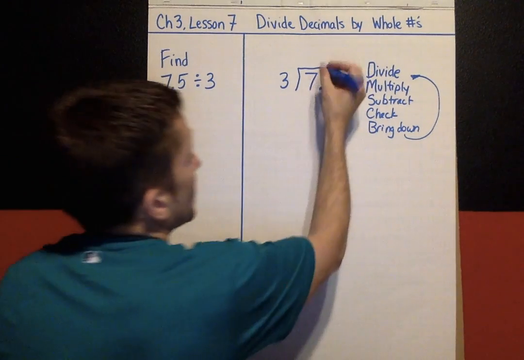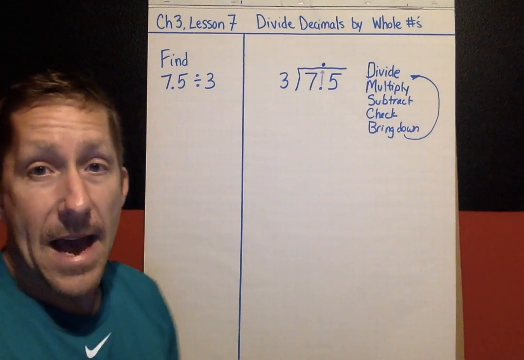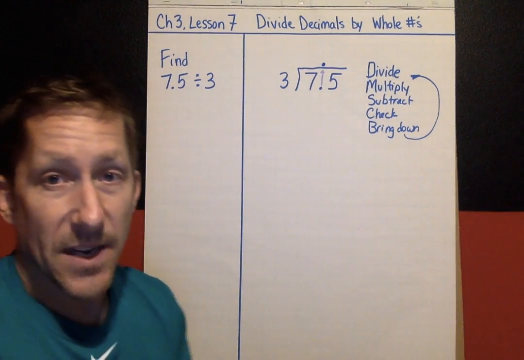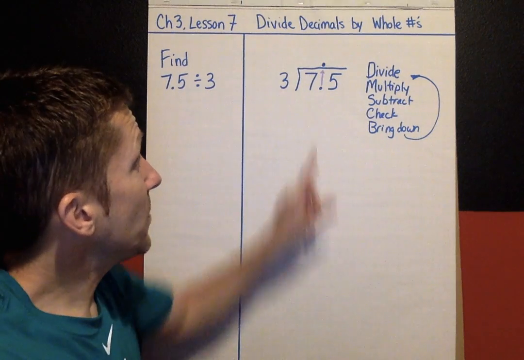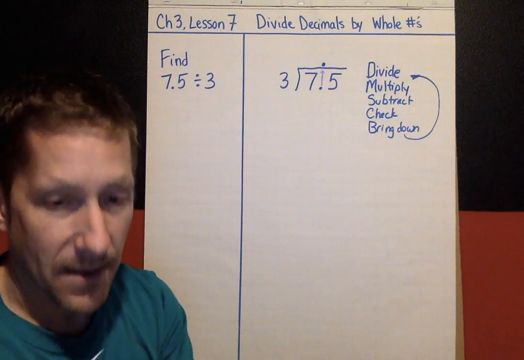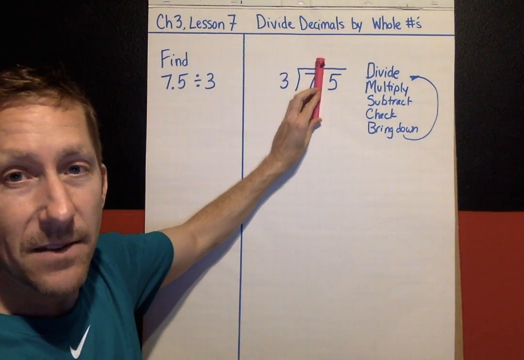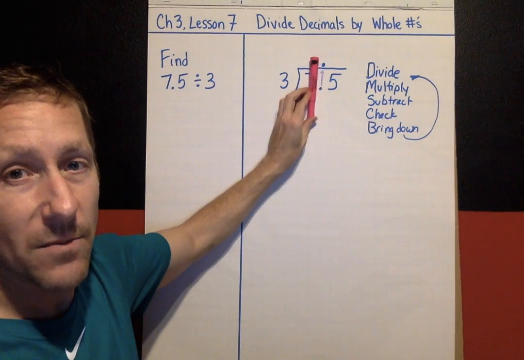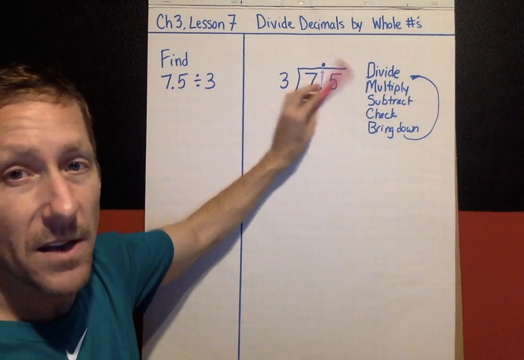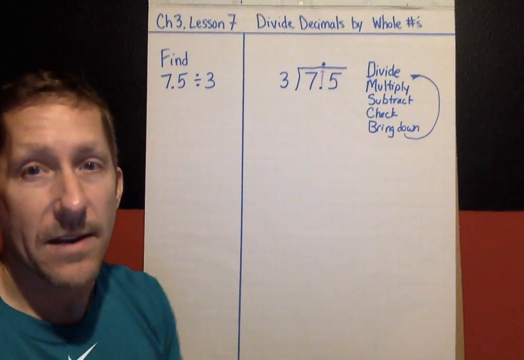And in my answer, the decimal point is going to be right there. After I move the decimal point straight up, I can pretend like it's not even there. I can just solve 75 divided by 3 is what I'm trying to solve. It happens to have a decimal point there, but I can ignore it.